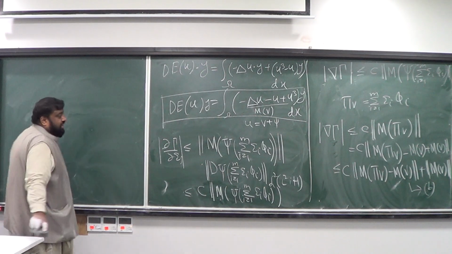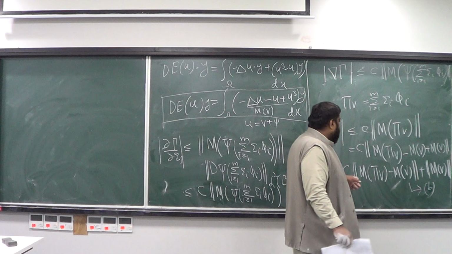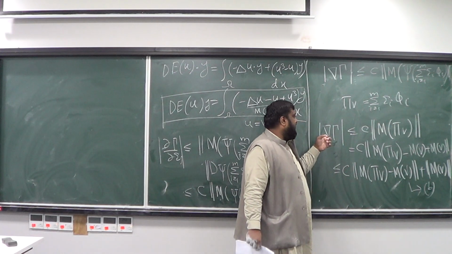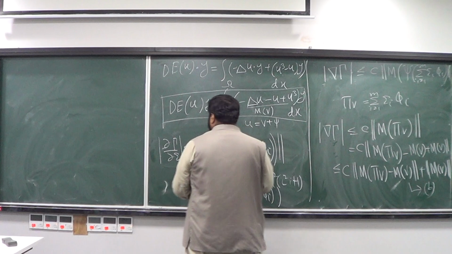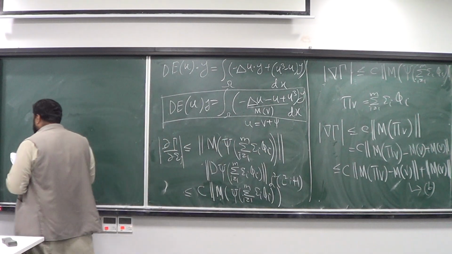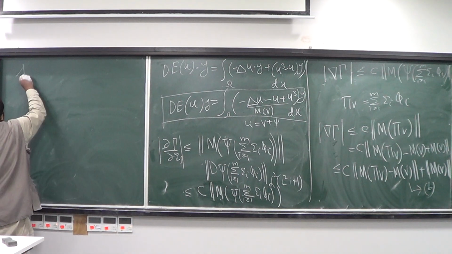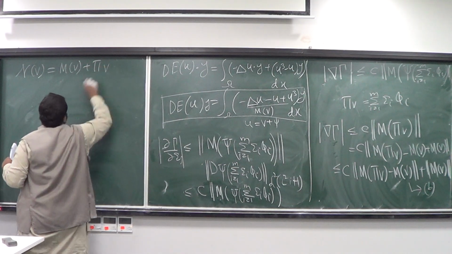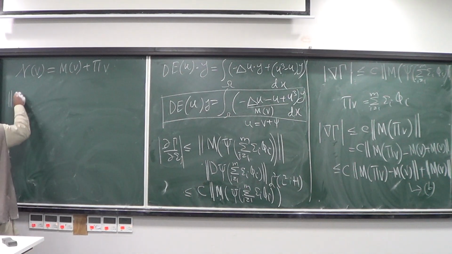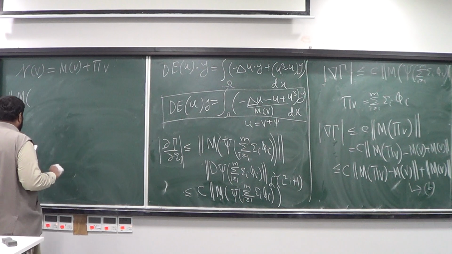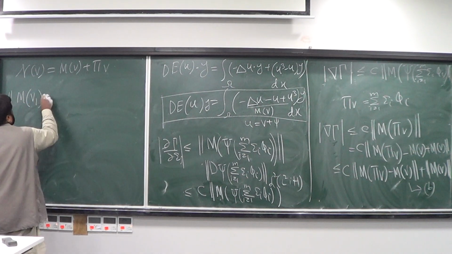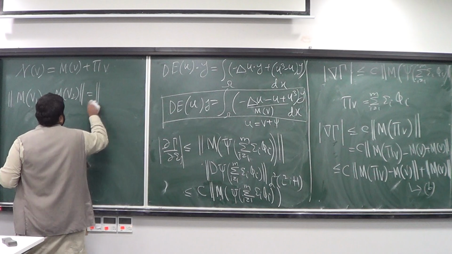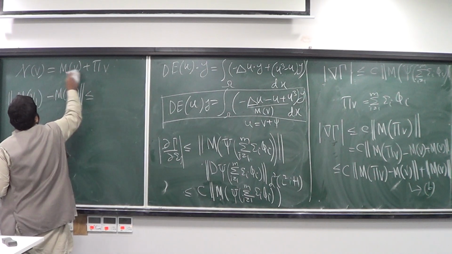If it is Lipschitz, I want to deduce that M is also Lipschitz, so that I can have an estimate for the gradient of gamma in terms of the map M. Now I know calligraphic N of V is M of V plus pi of V. So I can compute, in fact, a general expression M of V1 minus M of V2, and estimate it. M of V is the difference of these two.